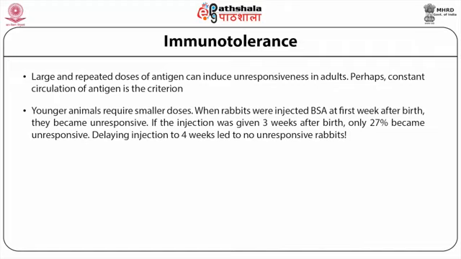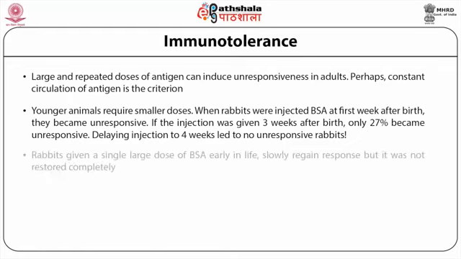Delaying injection to 4 weeks led to no unresponsive rabbits. Rabbits, however, when given a single large dose of BSA early in life, slowly regained response, but it was not restored completely.